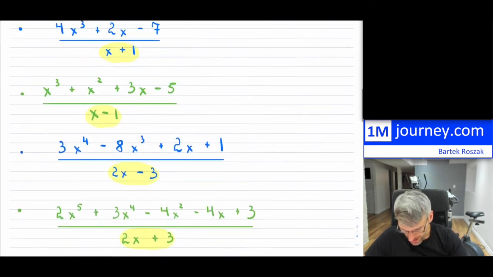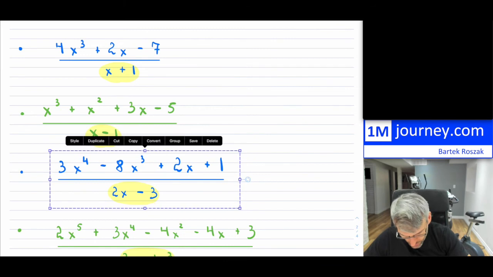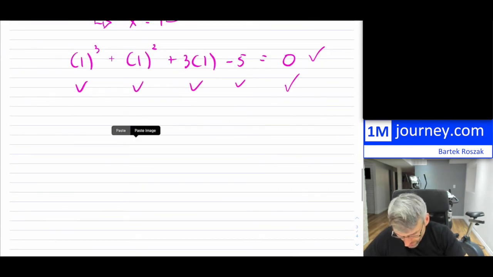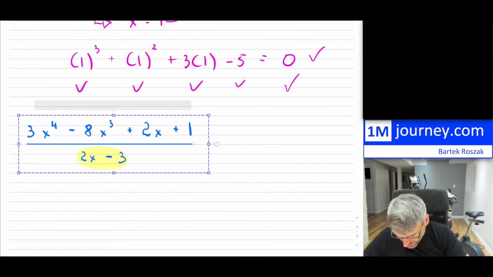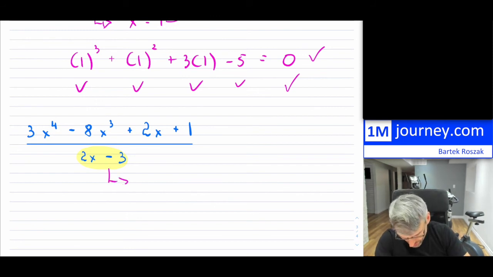Let's take a look at a third example, and hopefully by now you should be able to tell how the remainder theorem actually works. Here, this doesn't exactly look like we would like it to, it's not just x minus something, but it is of first order, so let's work this out, and this would have been just 3 over 2.